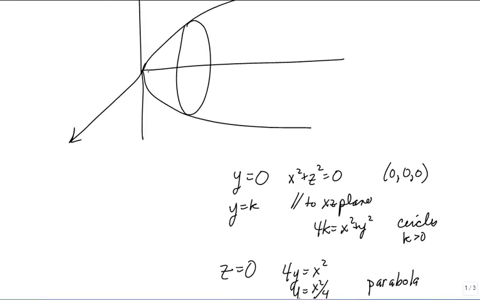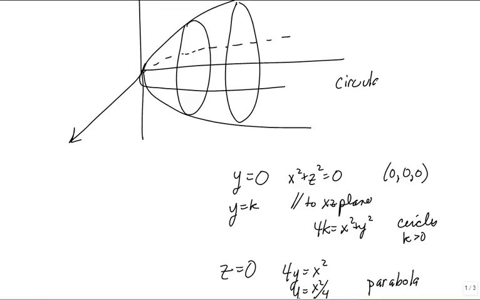And this is laying flat, so it's going to come like that, and that part you're not going to be able to see. And then you have these circles. So we get a circular paraboloid.